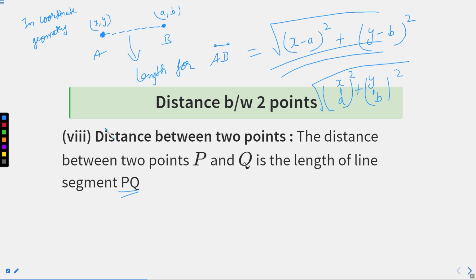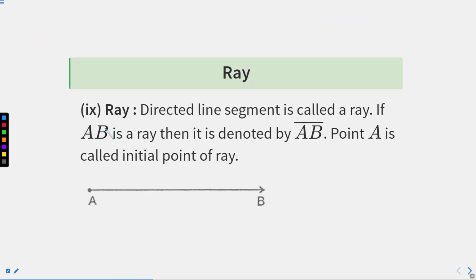So let's move to the next one. This is about rays. So what are rays? As I have already told you, we talked about lines: no end points. Now line segments.